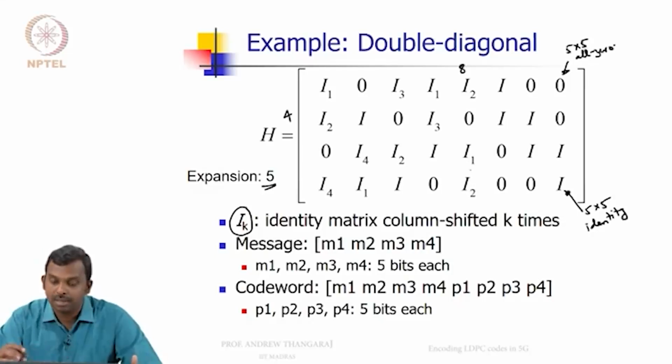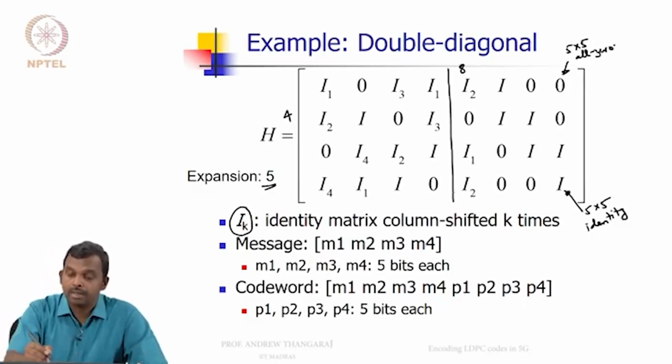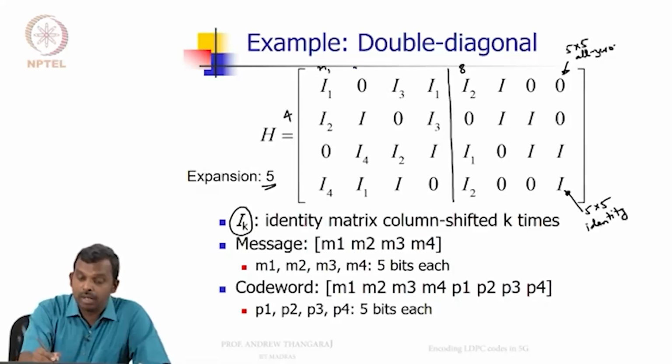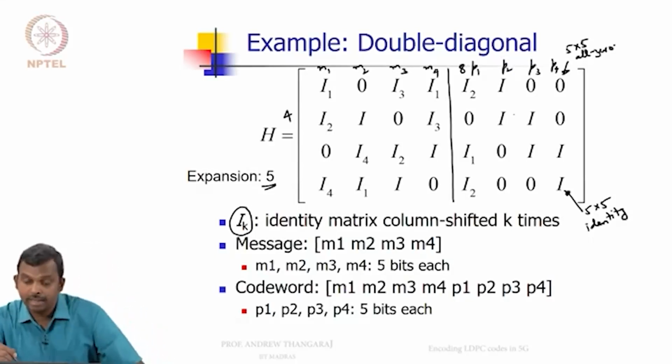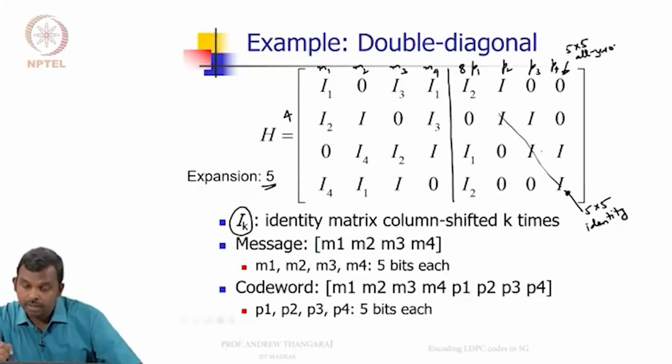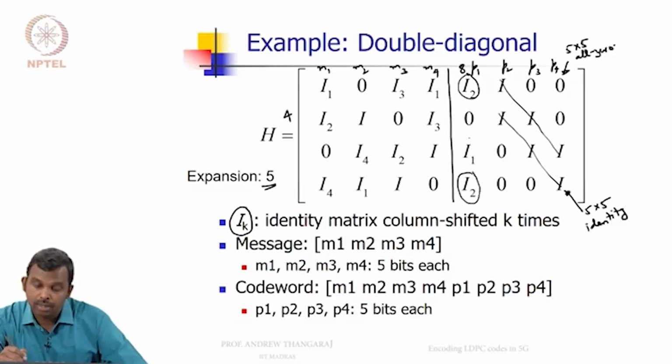Okay. So this is a matrix. You can see this is a 4 by 8 matrix. This is the message part, M1, M2, M3, M4, and this is the parity part, P1, P2, P3, P4. You'll see the diagonal structure here, a double diagonal structure, and then the zeros are all here, and then you have this I2 being the same as this I2 here, and this I1 being different.